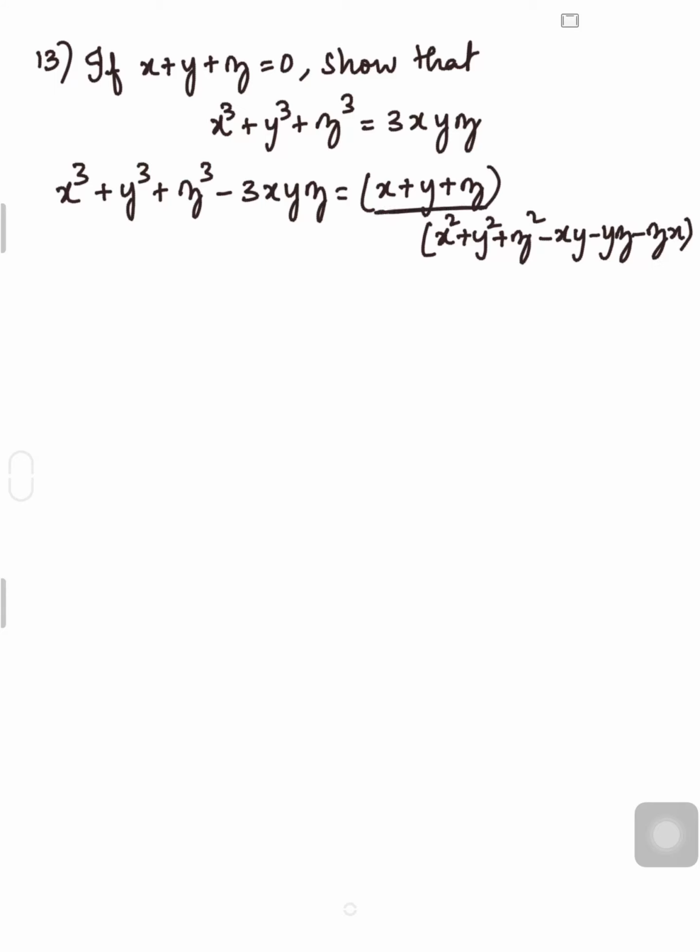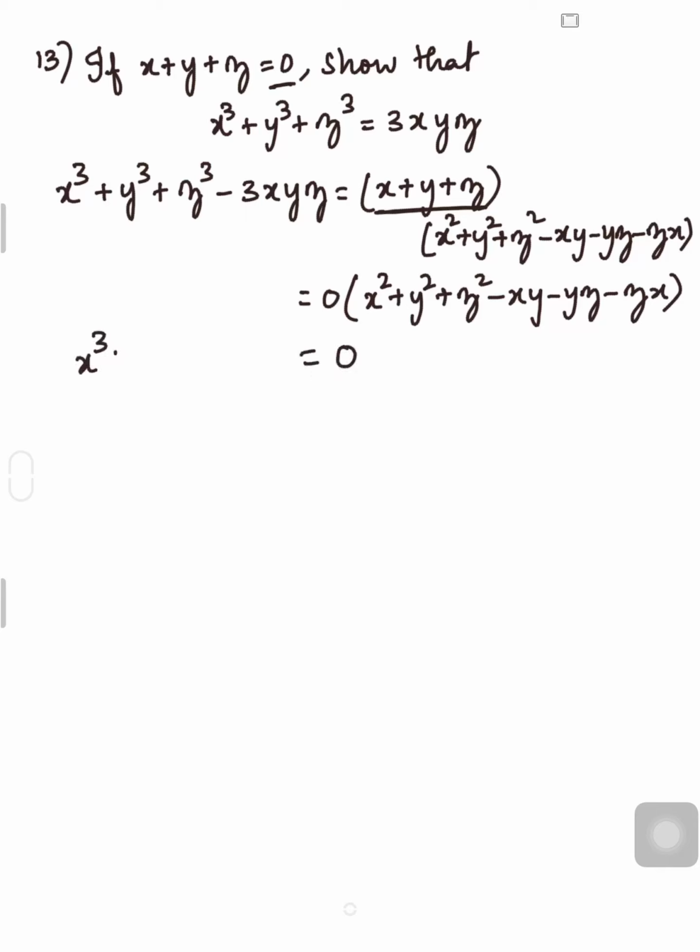So what is given? X plus y plus z as 0. So substitute 0 into x squared plus y squared plus z squared minus xy minus yz minus zx. So 0 into anything is 0. So the right hand side becomes 0. What is on the left side? X cube plus y cube plus z cube minus 3xyz, that is equal to 0.